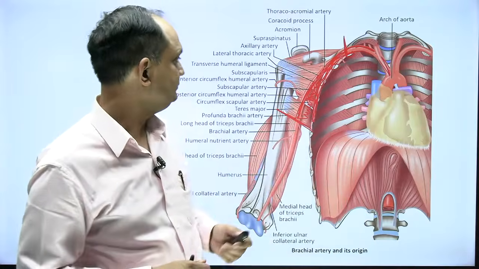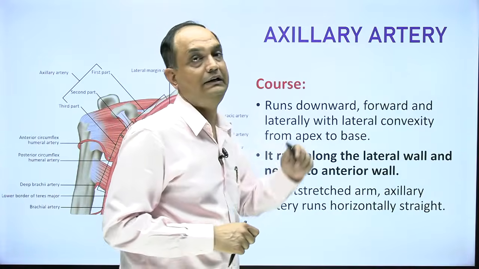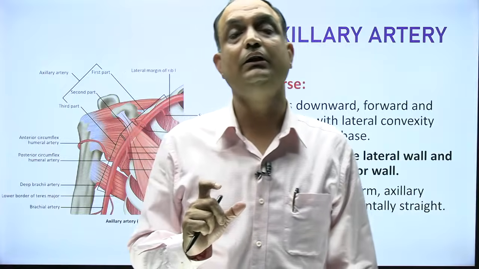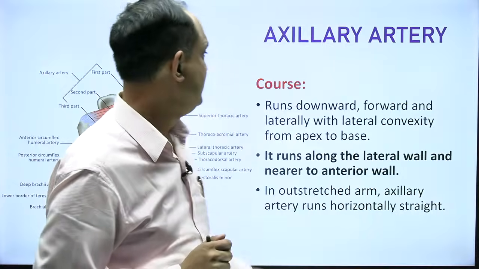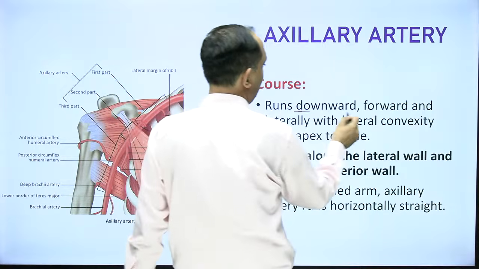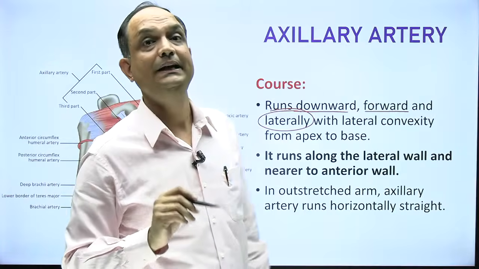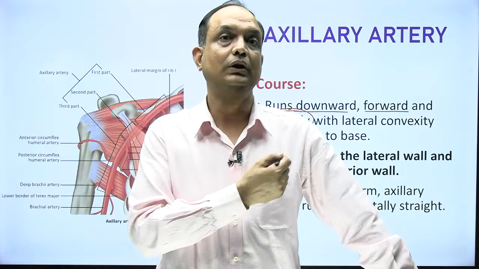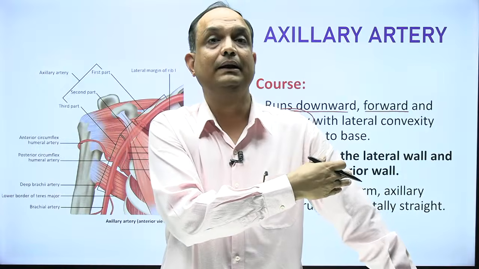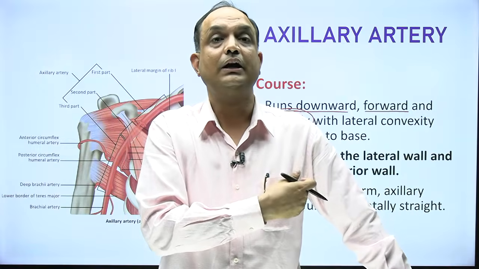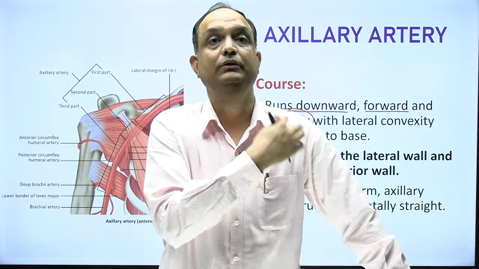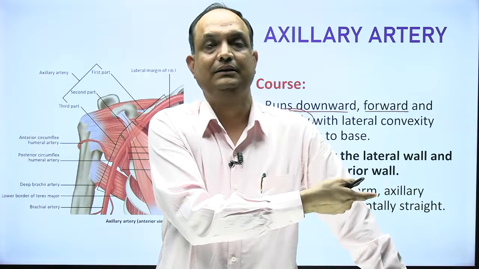Thank you. So now we'll discuss in theory what is written in the books. So it runs downward, forward and laterally. Now see, the word laterally comes here. What does it mean, laterally? That slowly it is going towards the upper limb and going away from the chest wall. That's why you say it is going laterally. Clear?